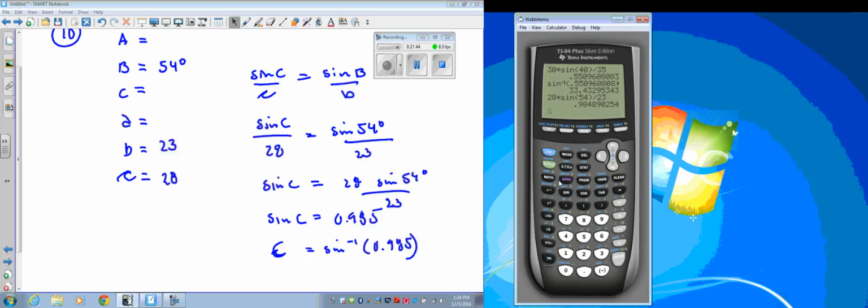So I'm going to go second sine inverse of that, so there's the angle I have. This angle C is 80 degrees.